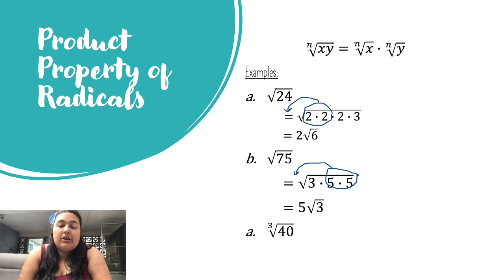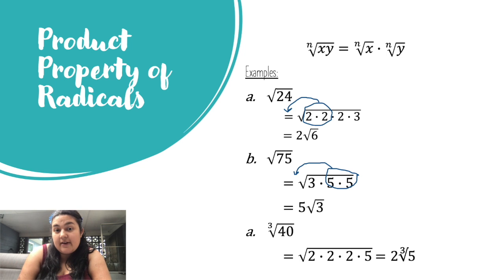Now I have the cube root of 40. Do not be alarmed. We are using the same process. The cube root of 40, instead of pairs, I'm looking for triples. Okay, I want 3 guys. Let's see what we have here. I have used prime factorization to see that it is 2 times 2 times 2 times 5.